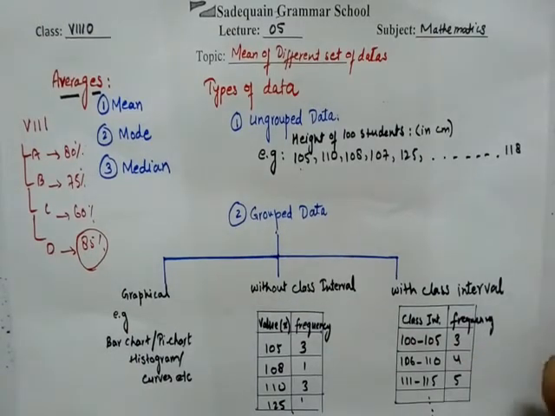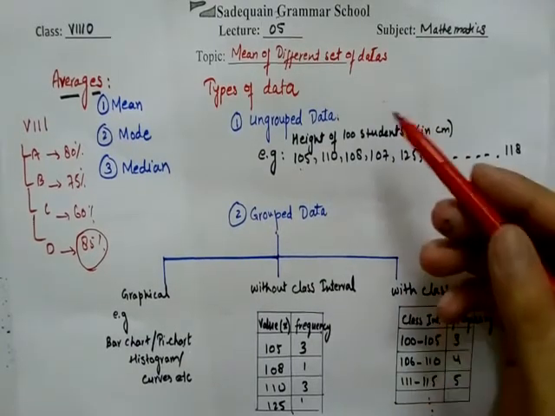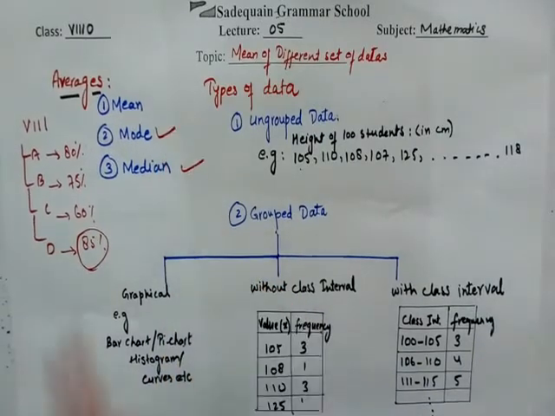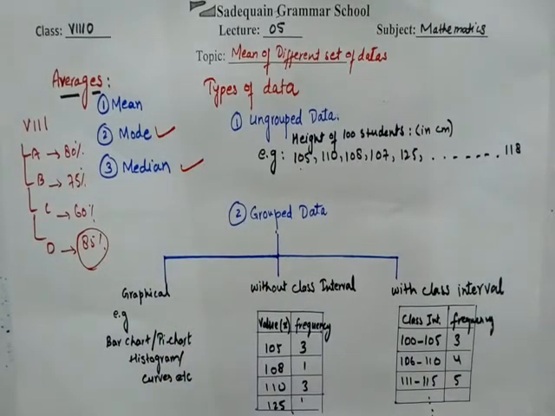We will study later how to find the mean of these types of data, and mode and median will also be covered, but today's major focus will be on mean.